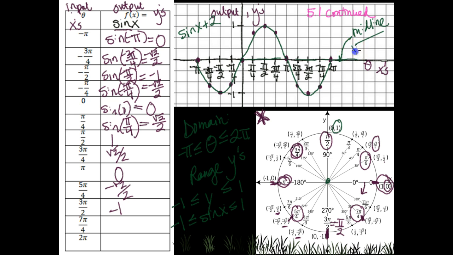Right now the midline is at y equals 0. But if you bumped it up 2 units with a plus 2, suppose that's my new function, all of these points would get bumped up 2 units. So the midline now would be at 2, and that would be off my graph because I expanded this. But the midline would be at 2, and you can draw a dashed line.